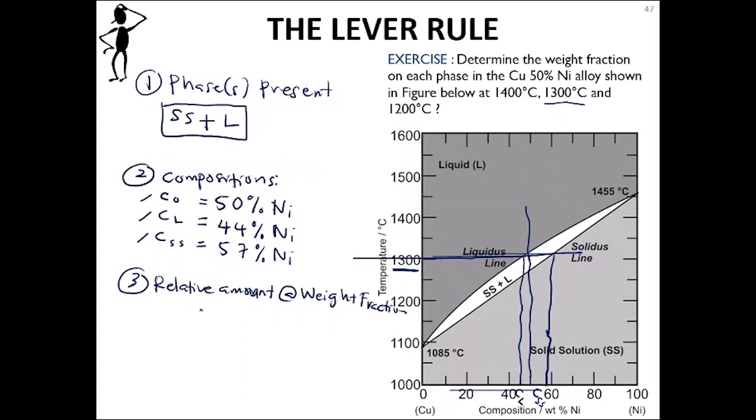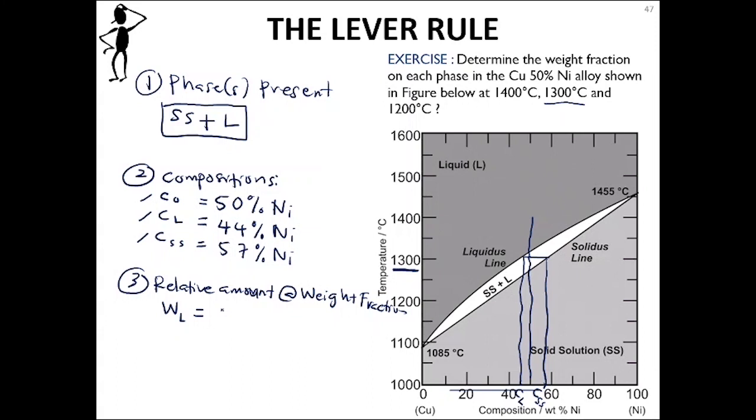So for the third step, we need to find the relative amount, or we call it weight fraction as in the question. We must use the lever rule. To find the weight fraction of liquid, we need to use the line from the intersection until the solidus line, divided by the whole line. So for this case, the length of this line will be CSS over here minus C naught at the intersection.